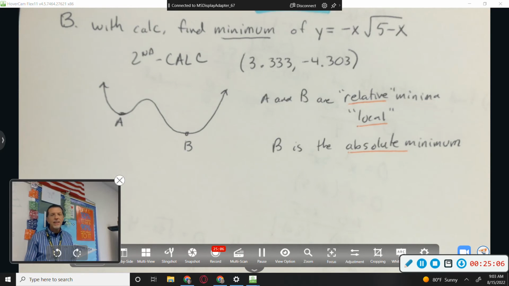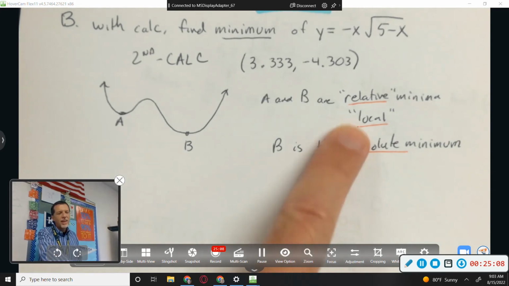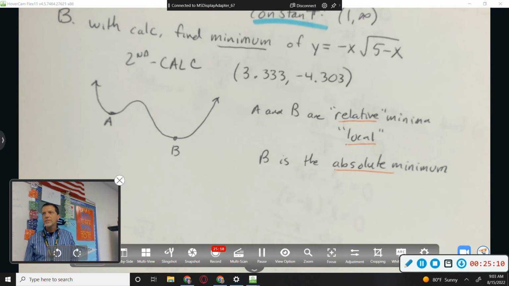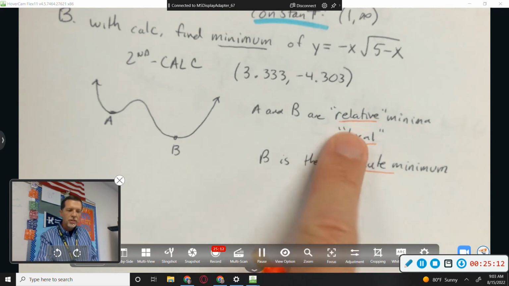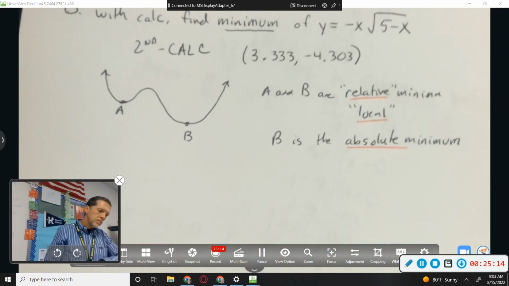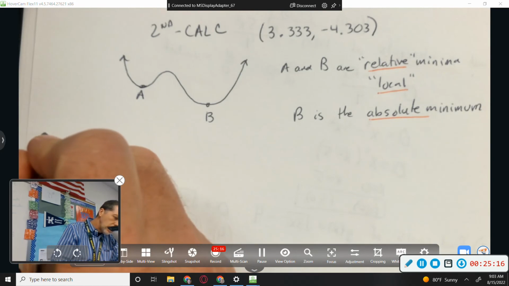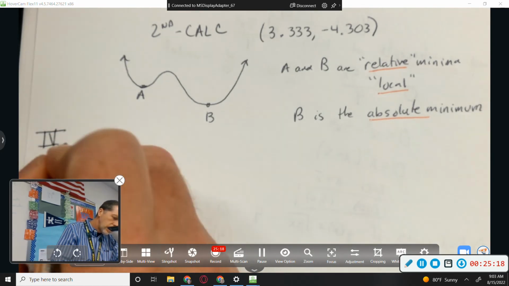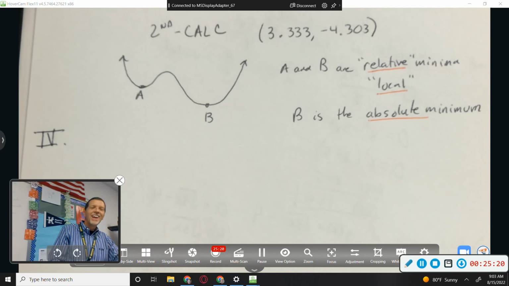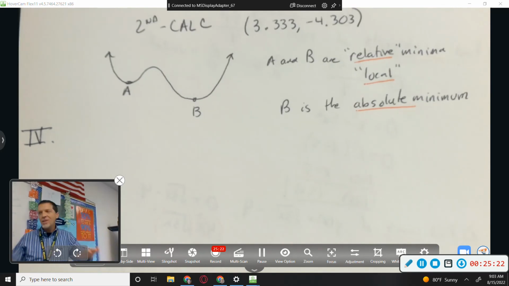And this is a bigger deal in calculus, and it'll always tell you which one it's looking for. Or which ones, maybe, because there could be more than one. What if you have two that are at the same point? Yeah, that's always the question. So if A and B were equally low, then you would have two absolute minimums.